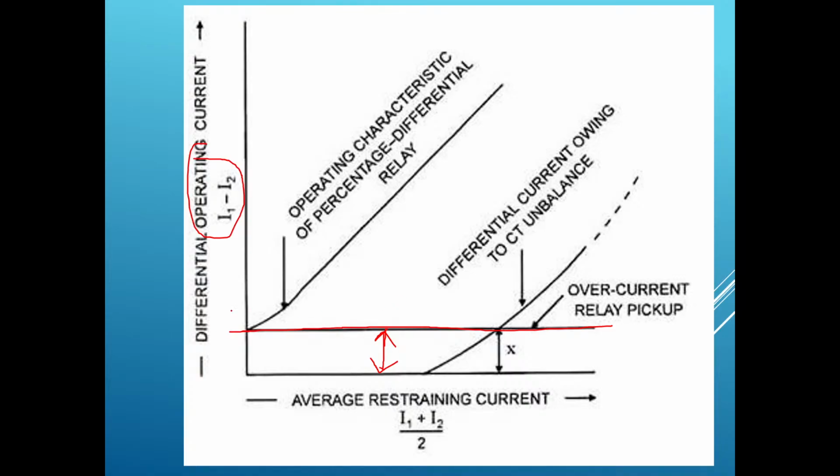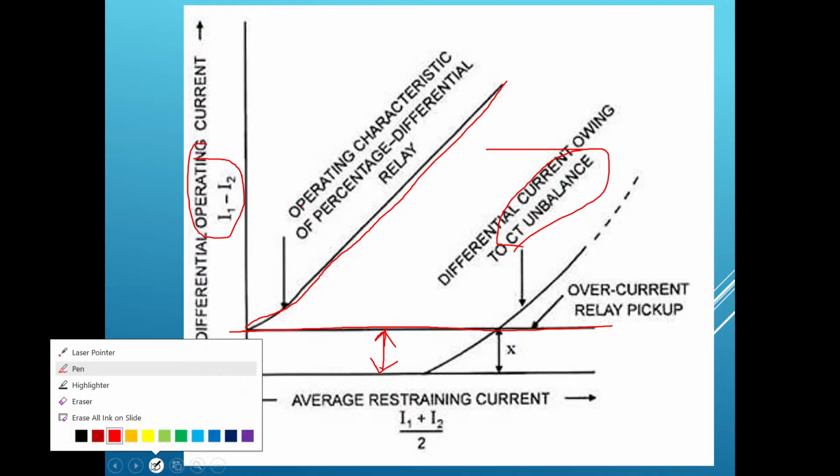So the first characteristic shown here is the operating characteristic of the percentage differential relay. As the restraining current is increasing, the operating current is also increasing. Similarly, if the CTs are unbalanced, the CT turns ratios are not the same, so there is an error in CT turns ratio.